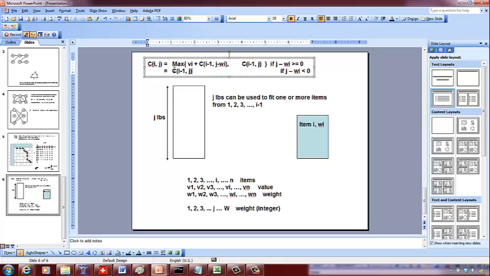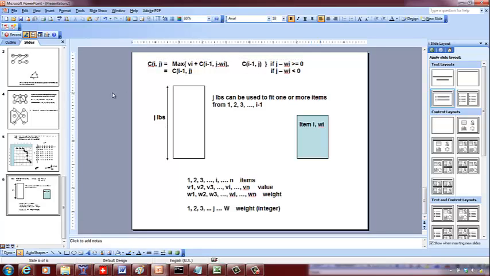So that's going to be the recursion, and how are we going to fill it up? For a given cell i comma j, you basically consider the one above that cell.